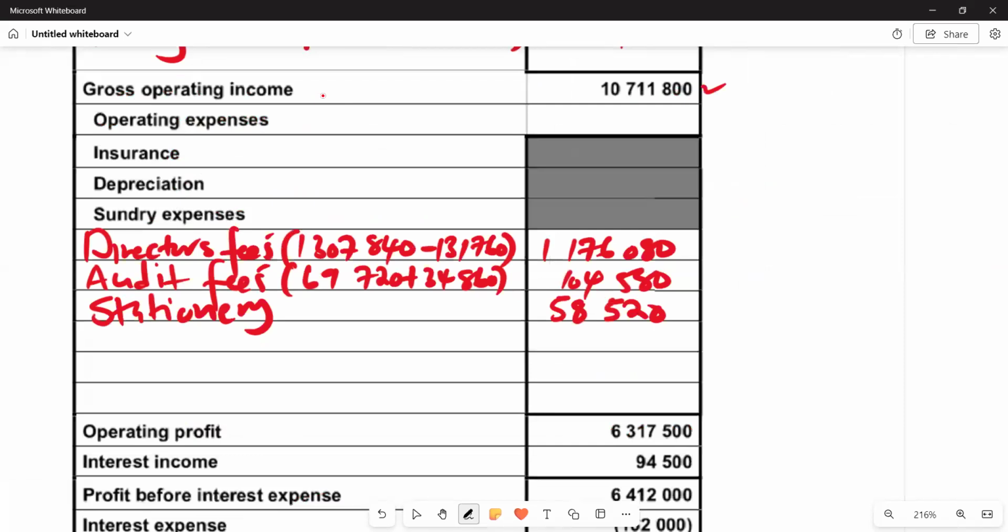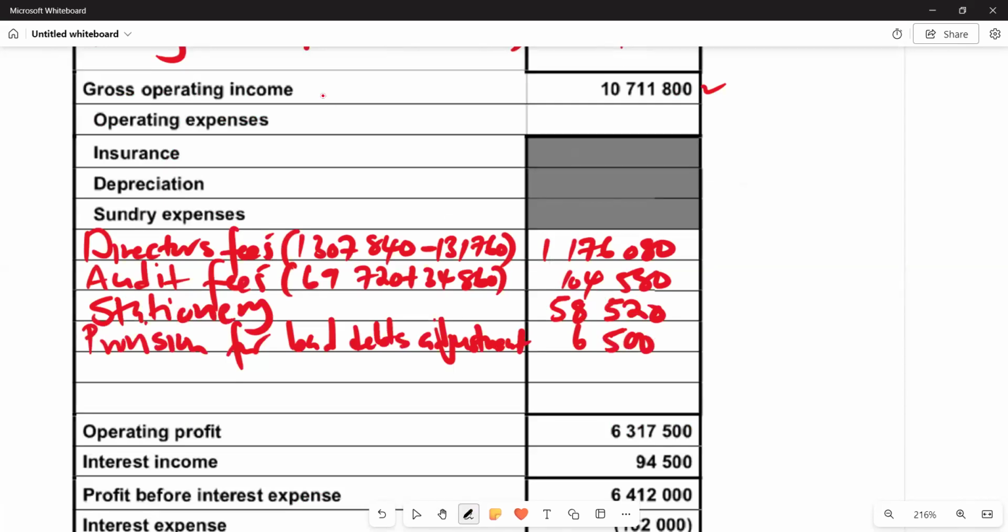So we are saying provision for bad debts adjustment was 6,500. So this is what we have.